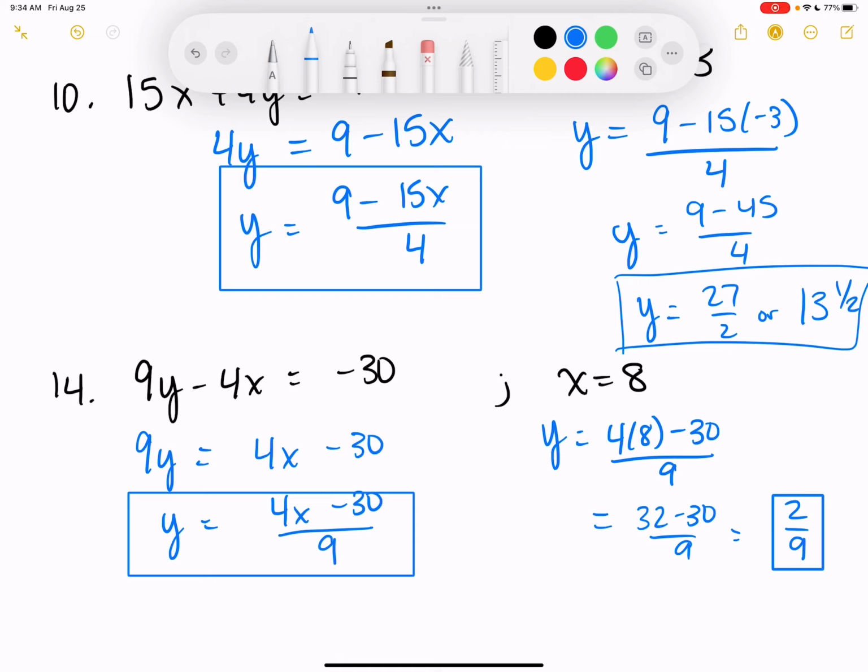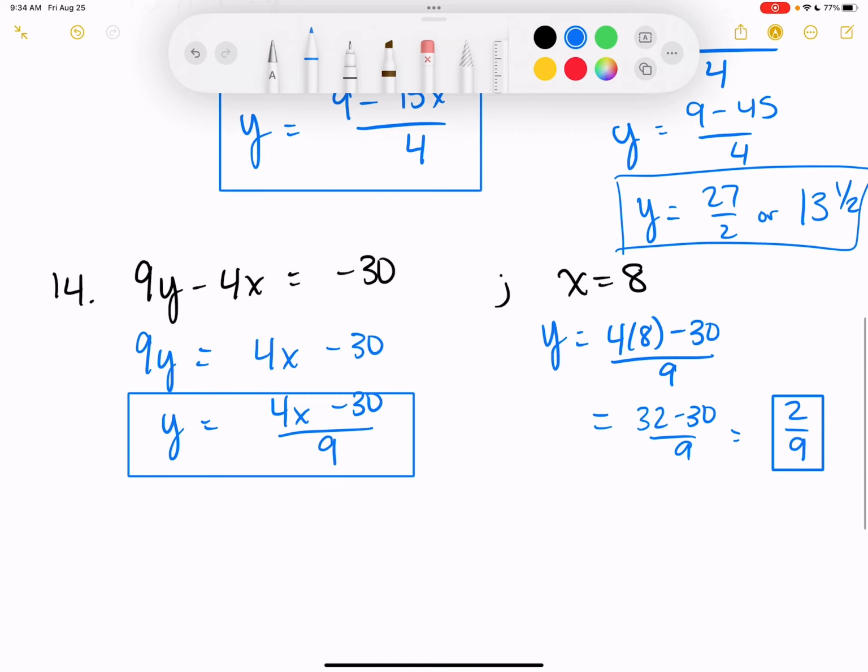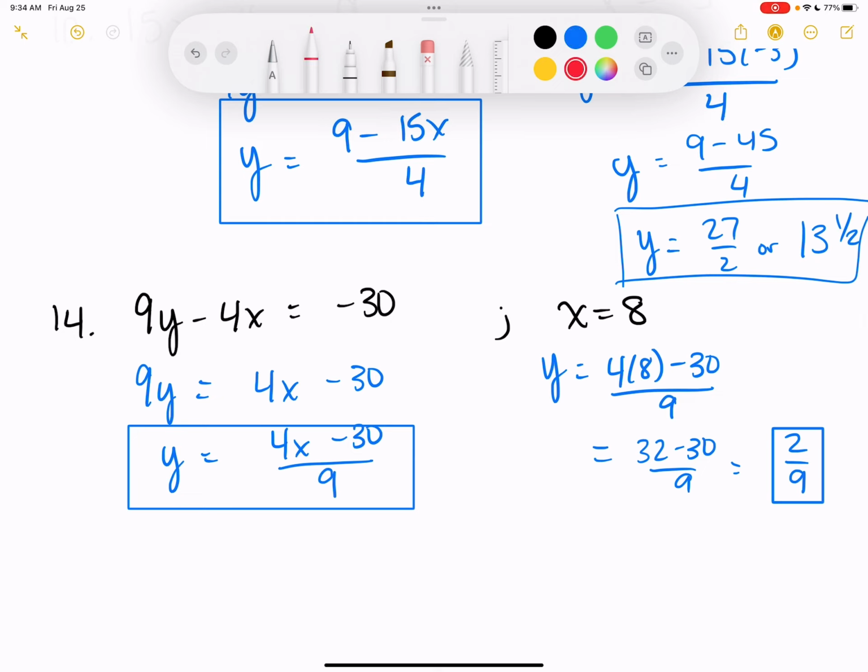Now, I am going to show you something. I would just leave it this way because there's no real reason to split it. But for some reason, the book likes to split this into 2 separate fractions. So if you're checking your answers, the book would have told you that this was the answer.